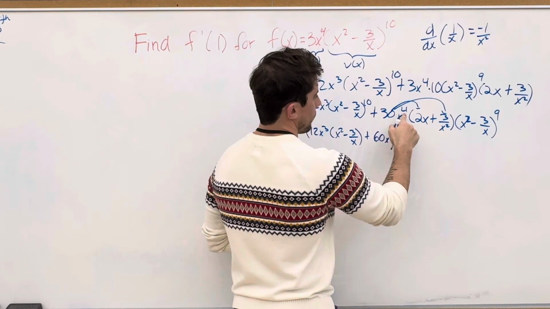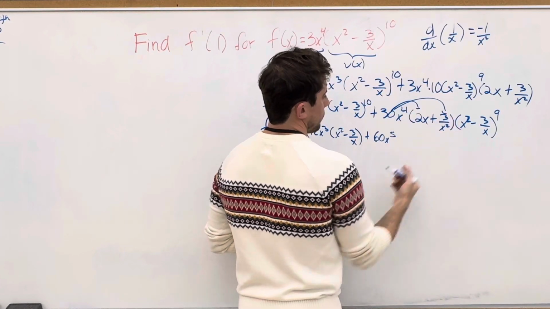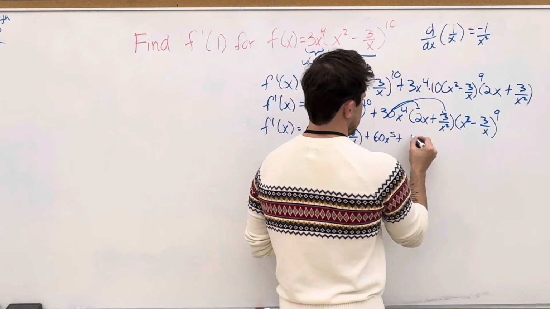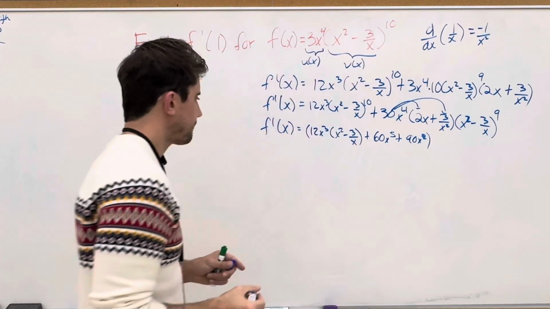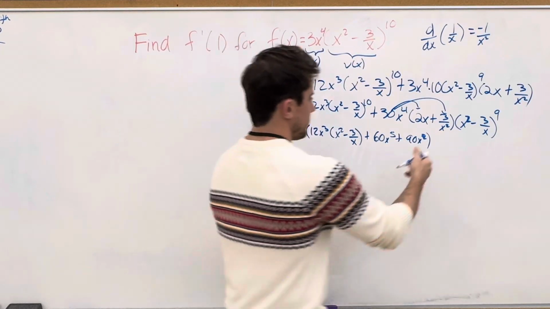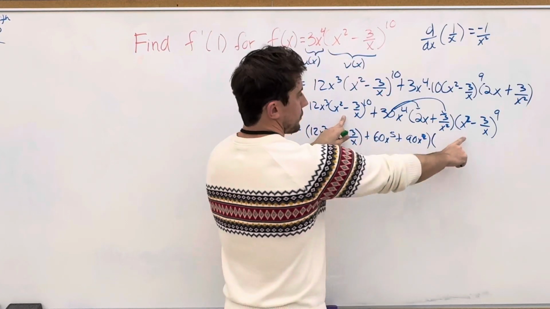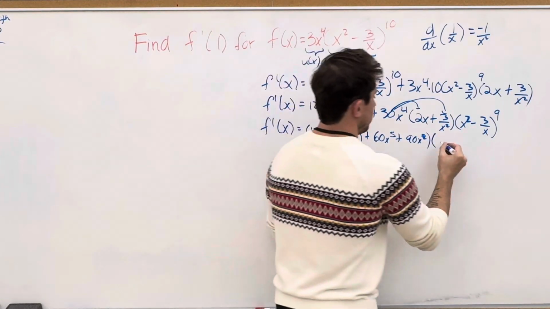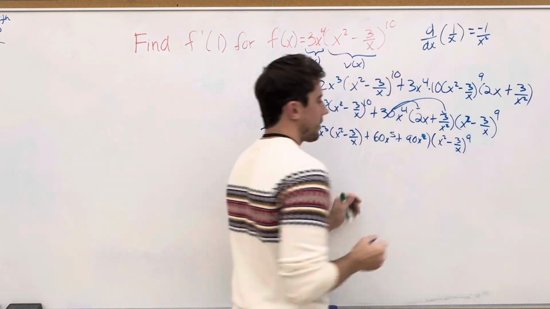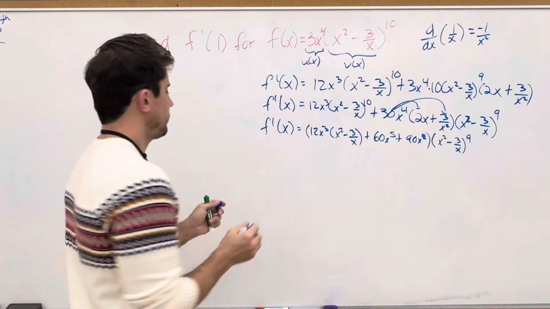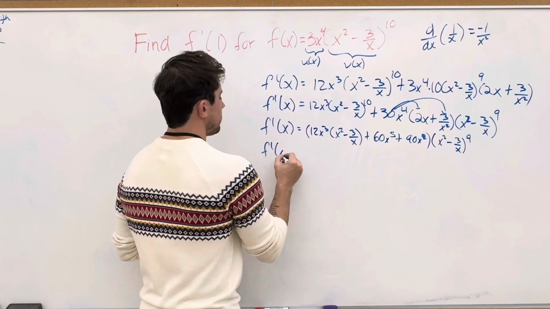And then 30x to the 4 times 3 over x squared is plus 90x squared, right? And we have all of this times what we factored out of both terms, i.e. times x squared minus 3 over x all to the power of 9. And this should simplify down a little bit.